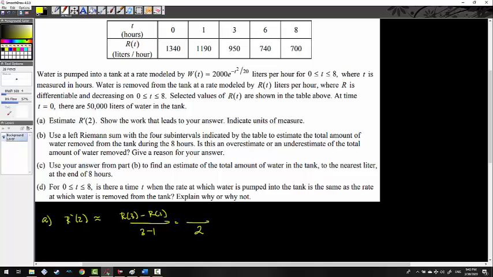So that's divided by 2, and that's going to be 950 minus 1190, which equals negative 240 over 2, or negative 120. And since they want me to indicate units of measure, this should be liters per hour squared.